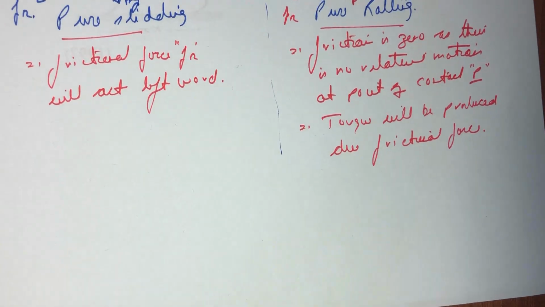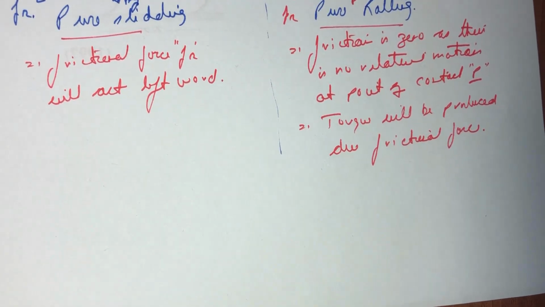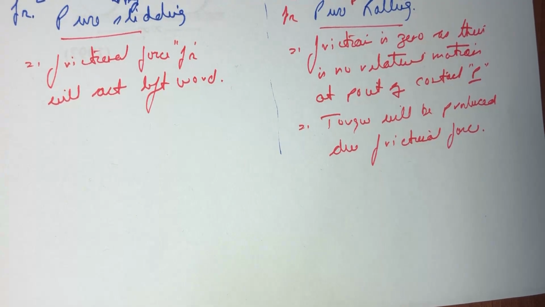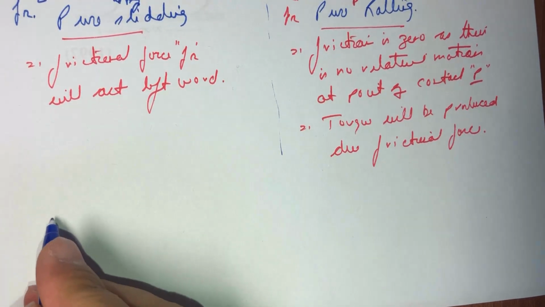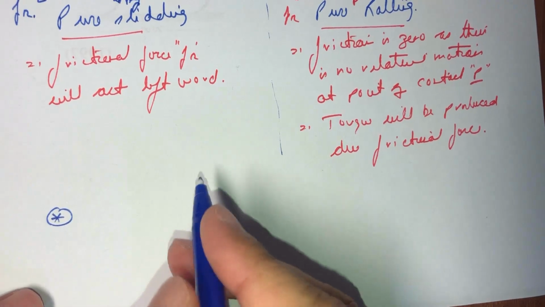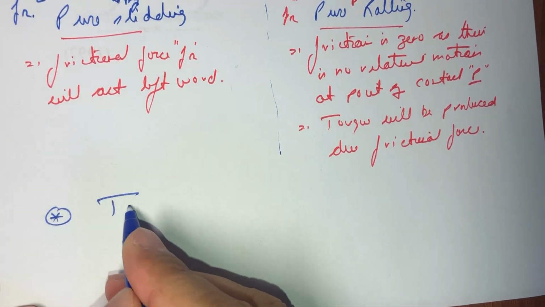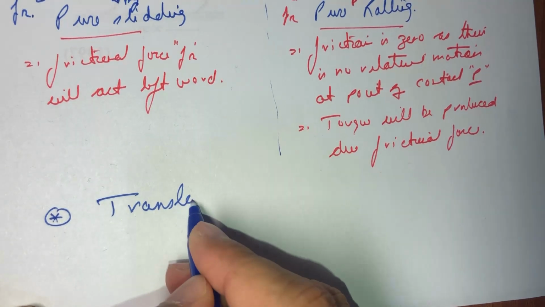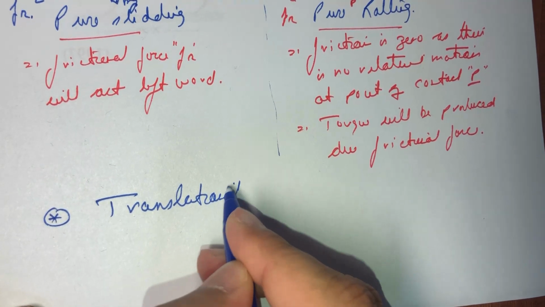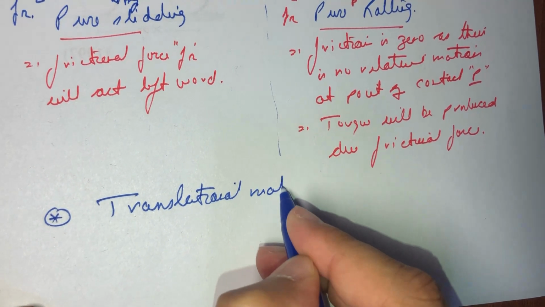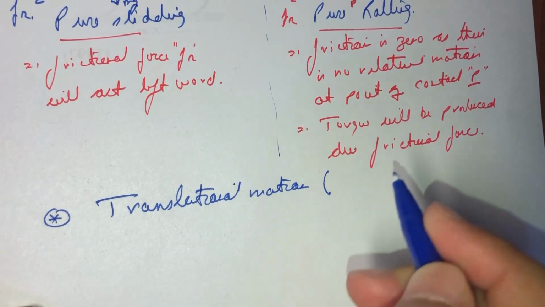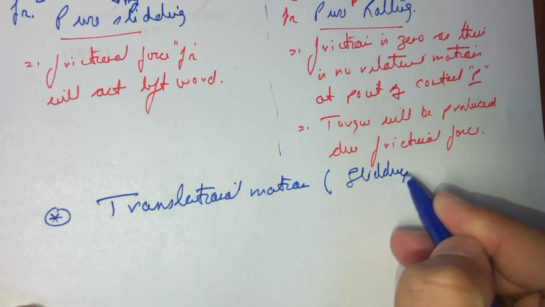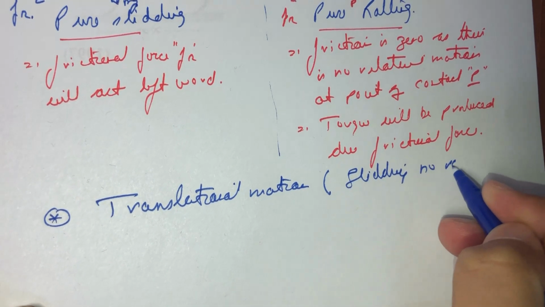So first is our pure sliding, which is basically translational motion, which means sliding, no rolling.